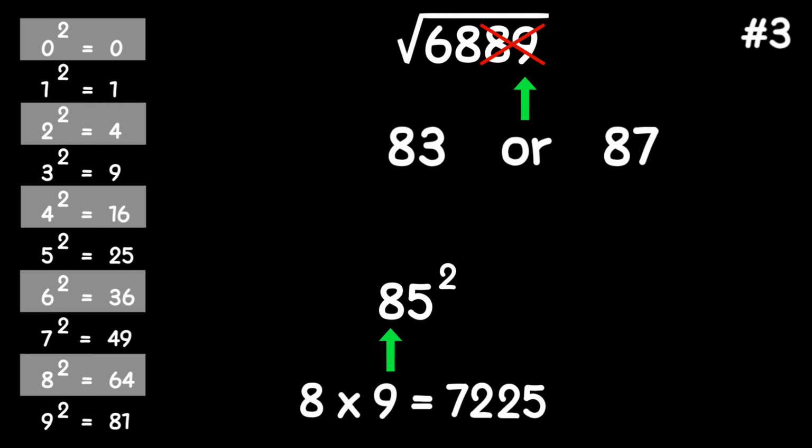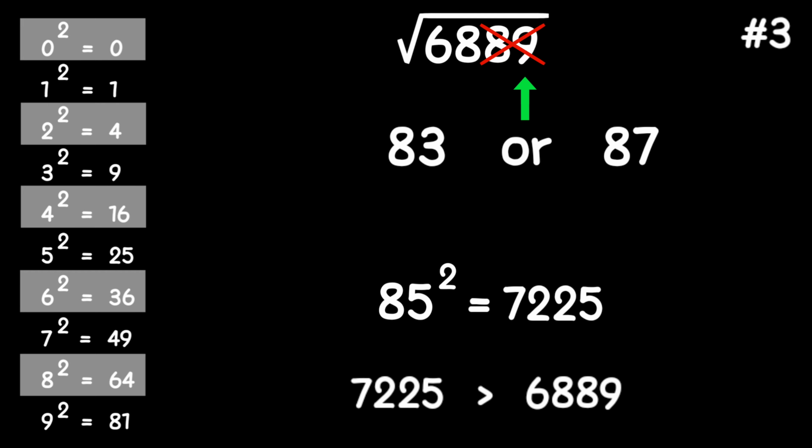Now put 25 at the end. So, 85 squared is equal to 7225. Notice that 7225 is greater than 6889, meaning the root of 6889 is smaller than the root of 7225. Thus, the square root of 6889 is 83. This might seem complex at first, but it becomes much easier with practice.